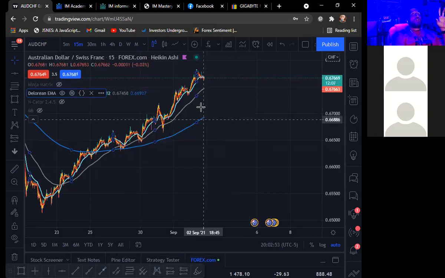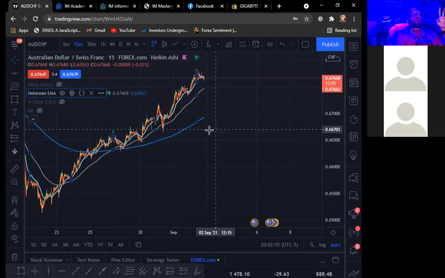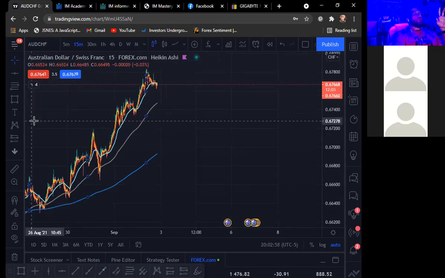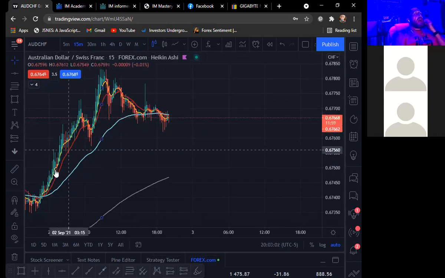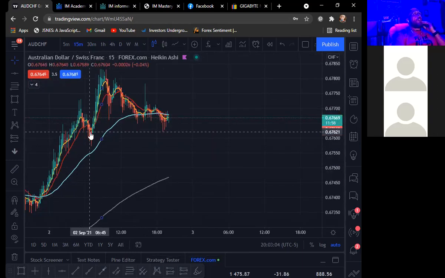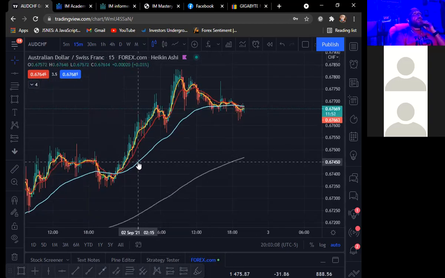So if they're all spread out and in order, we come up close, way up here like this. These lines are our entry and exit lines. We come up here above the 50 and look at the yellow and the red lines.